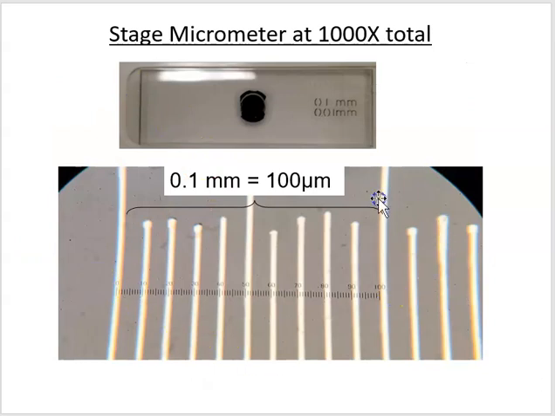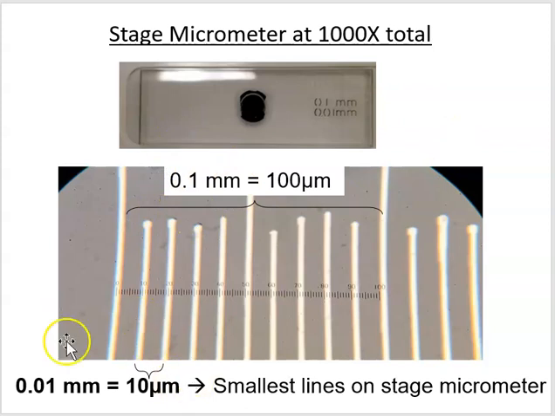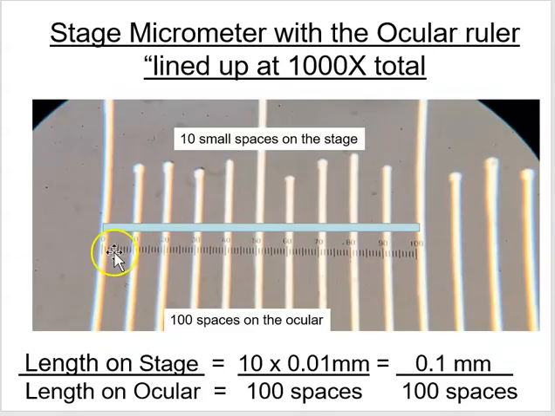Now we can look at this and say, hey, this distance between these guys right here, the big lines, it's 0.1 millimeters or 100 micrometers. For the smallest lines that are out there, those guys are 10 micrometers in between each of those lines on your stage micrometer. So we can look at our ocular ruler that is being measured up against our stage one right there.